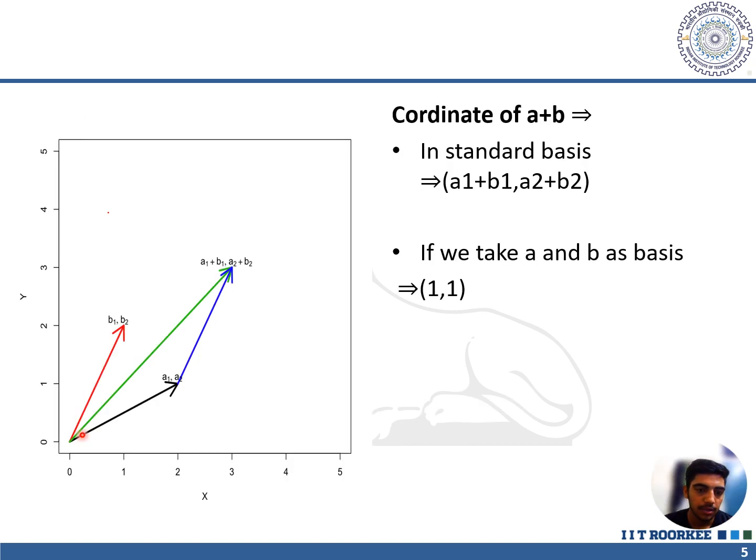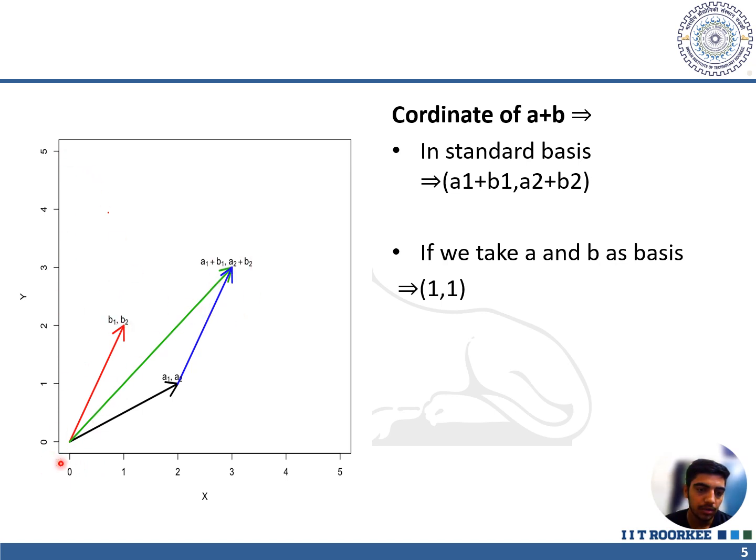Here we have taken an example of the vector a plus b. This is the simplest vector space, Euclidean R2 space. Let this be vector a, and this be vector b. If we add, we get a plus b.